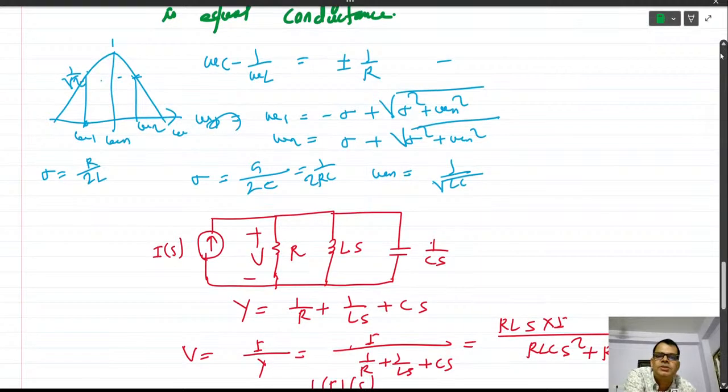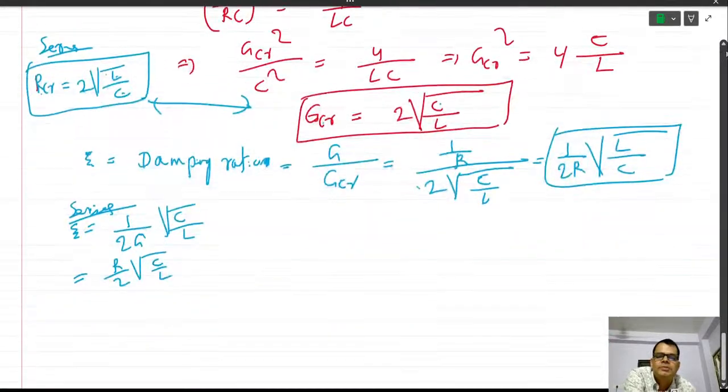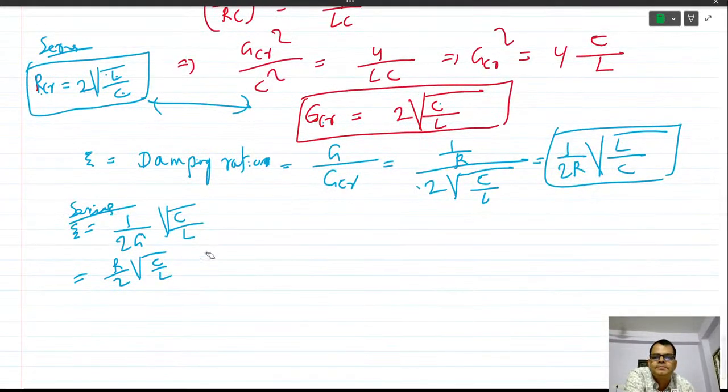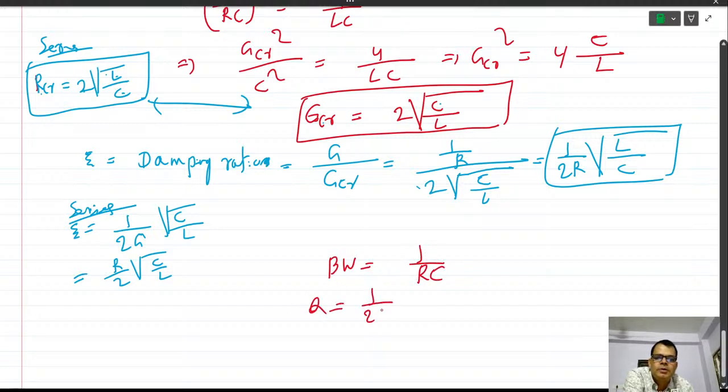This is 2 sigma, so 2 times 1 upon RC. So the bandwidth will be 1 upon RC, and Q is 1 upon 2 zeta, and f1, f2 and all the rest are the same. So there is no difference.